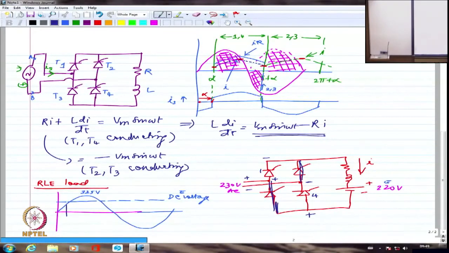From the supply voltage itself, I can say this particular device is forward biased. So even if my DC voltage is higher than the supply voltage at the instant of firing, it doesn't matter, the devices will get fired. No matter what.